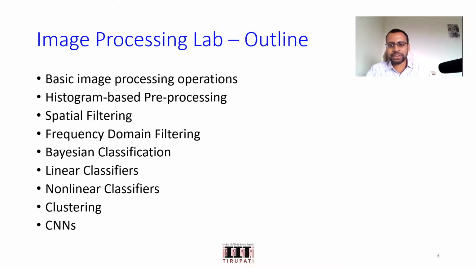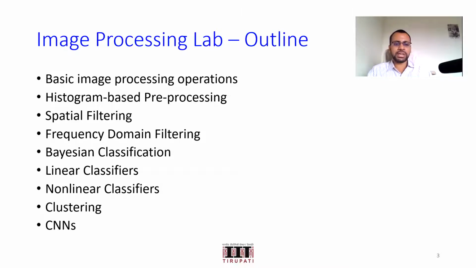Some of you might have already seen the first one; although we put it as lab sheet 1, it is almost like a warm up: basic image processing operations, histogram based pre-processing, spatial filtering, frequency domain filtering. Both in the spatial and frequency domains, and some image enhancement based on histograms. These are what you will be doing to begin with.